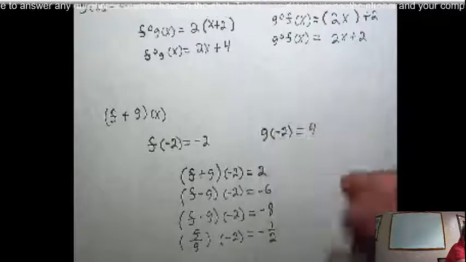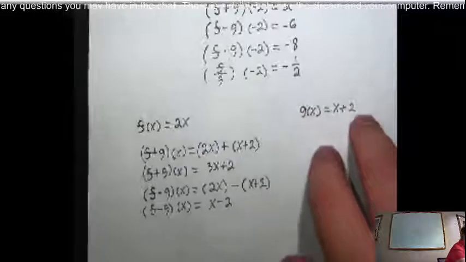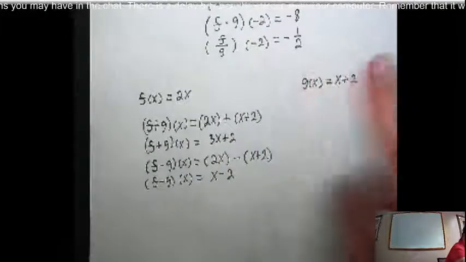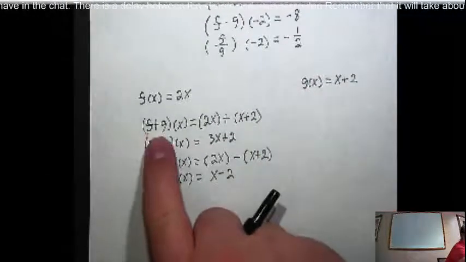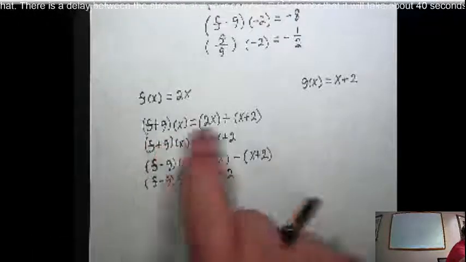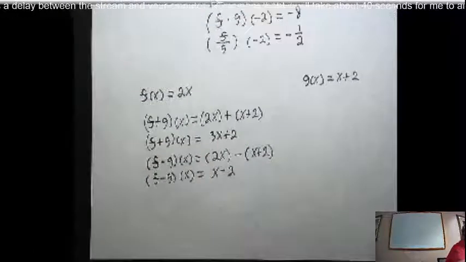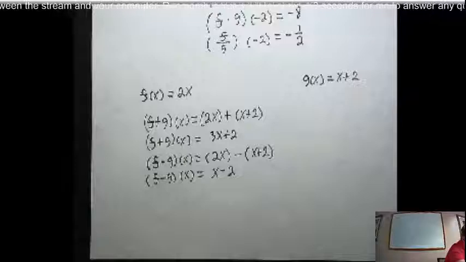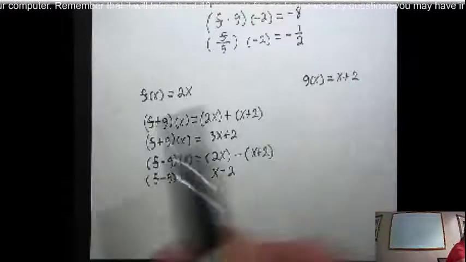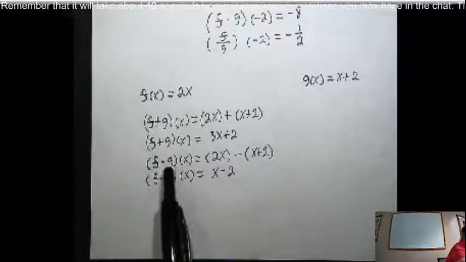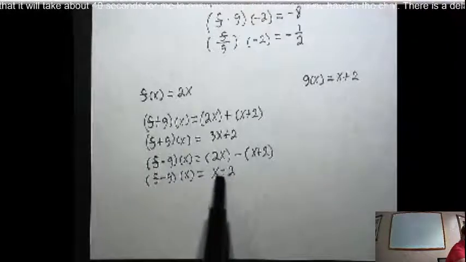They're different. So what about adding and subtracting these things? If I did g plus f instead, would it come out to be something else? How about f minus g? If I did g minus f instead, would I get something else?